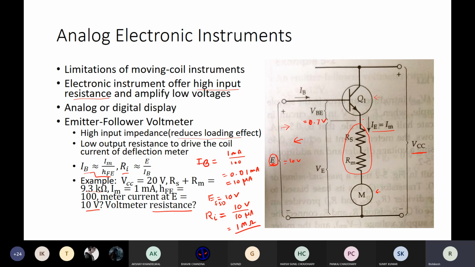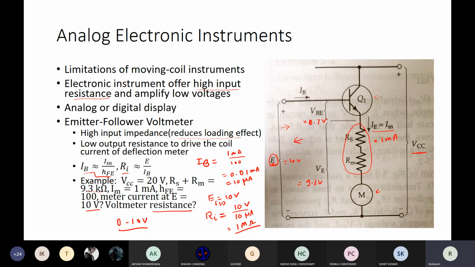So the voltage at VE is 9.3 volts, right? And when this is 9.3 volts, the current flowing through this is 1 milliampere, which is the full scale deflection current of the meter. So what does it mean? That this circuit, for this example, is capable of measuring voltage from 0 to 10 volts, right?